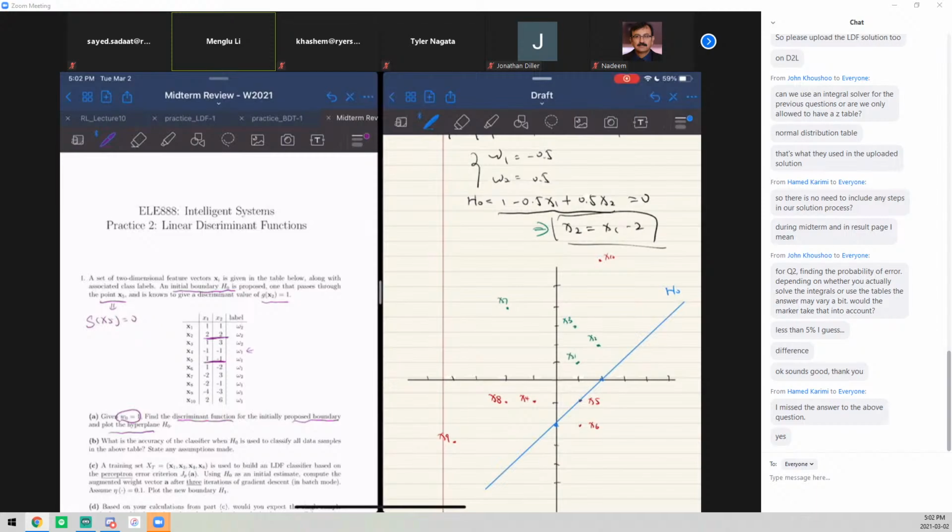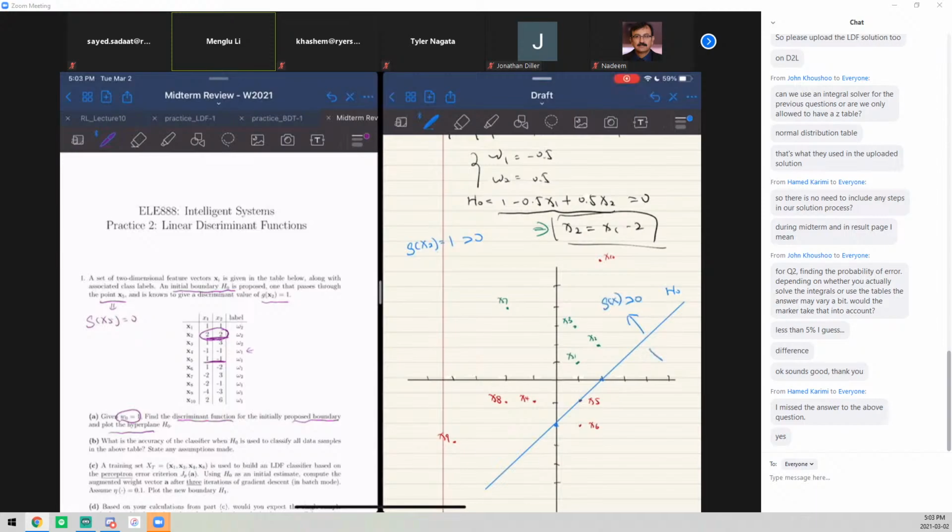And from this equation, we know the value of the g function for this point x2 is equal to 1, so larger than 0. Then we know this part is all larger than 0, g(x).